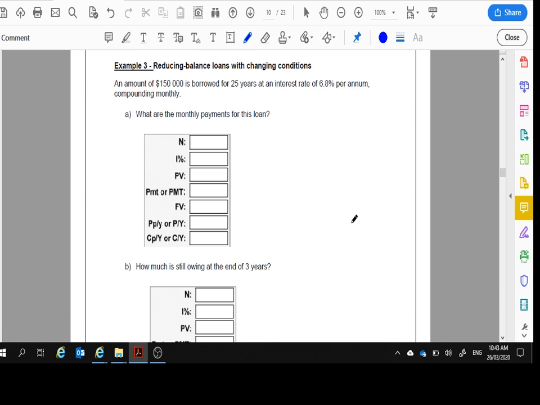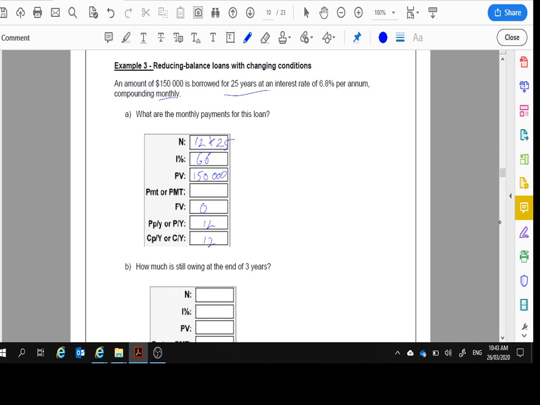Example 3. An amount of $150,000 is borrowed, so the present value is positive 150,000, for 25 years at 6.8% compounding monthly. What are the monthly payments? So 12 months times 25 years.